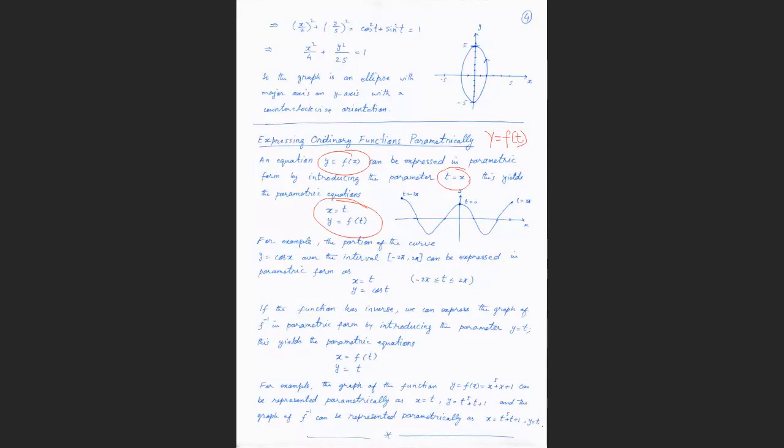For example, I give you an example. I have a function y is equal to cosine of x. Now which variable is the independent variable? Anybody can tell me, x or y? Yes, y is dependent.